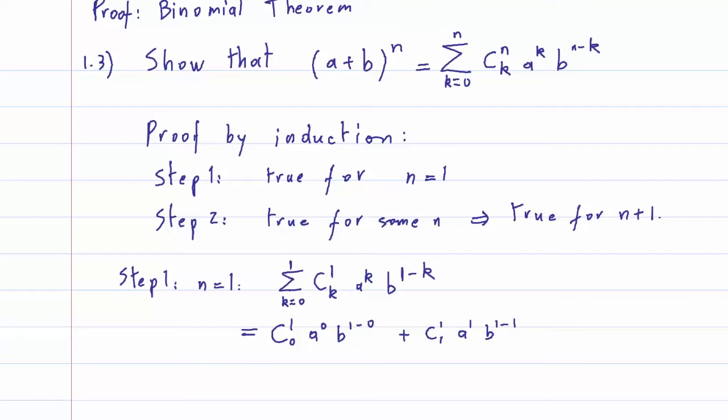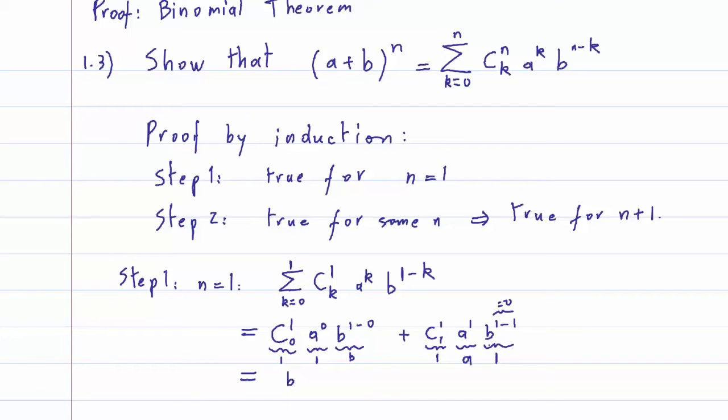So this simplifies. C(1, 0) is equal to 1. a to the power of 0, anything to the power of 0 is 1, and here it's just b. So we have b. And then C(1, 1) is just 1. a^1 is just a, and b to the power of 0 is just 1.